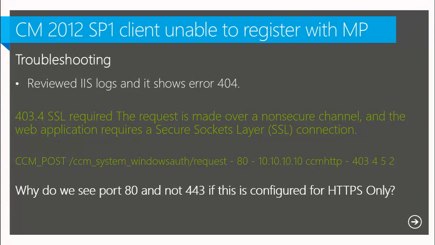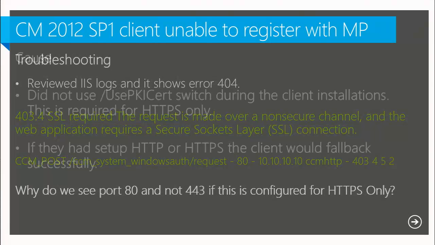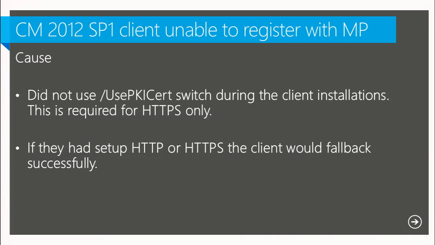So we've got to figure this out. So you say, did you do this? Did you do that? Well, turns out, after a lengthy conversation, a couple of days, we figured out that they didn't use the PKI certificate switch. So you wonder, why is that an issue? Well, if you had set up HTTP or HTTPS, it wouldn't have mattered.